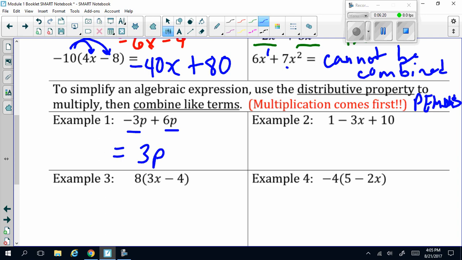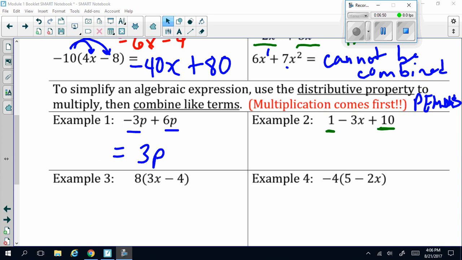All right, looking at example 2. In example 2, again, I don't need to use the distributive property, and I know that because I have no parentheses. So I'm going to look for my like terms. So I have the 1 and the 10. Those are both constants. They do not have a variable. I can combine them because they are like terms.